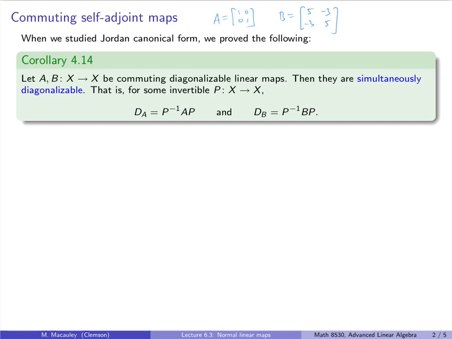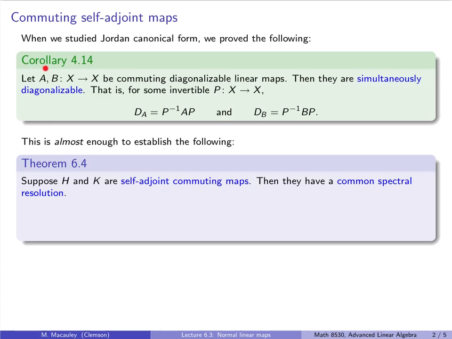Here, everything is an eigenvector of A, but the eigenvectors of B are along the lines y equals x and y equals negative x. So we can't just take any basis of eigenvectors of A and say it's a basis of eigenvectors of B, but we certainly can find such a basis, and in this case, it is something like that.